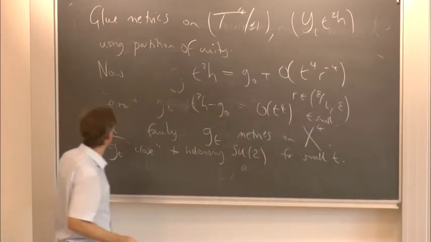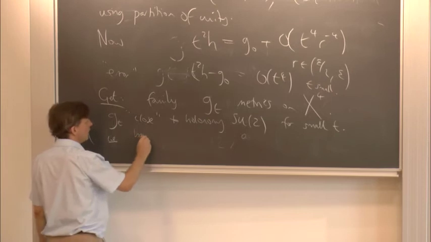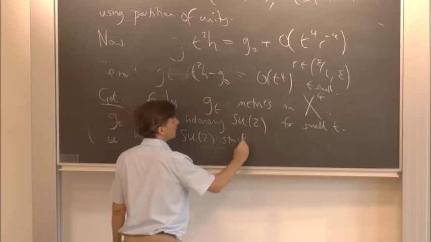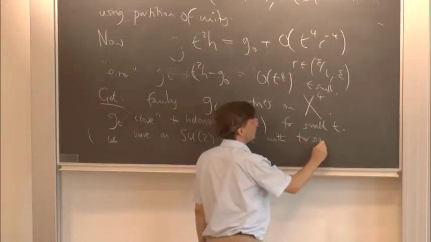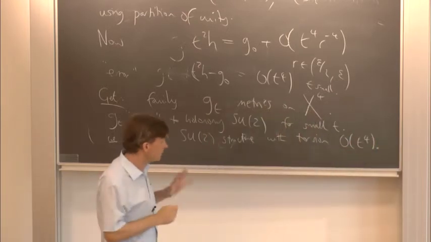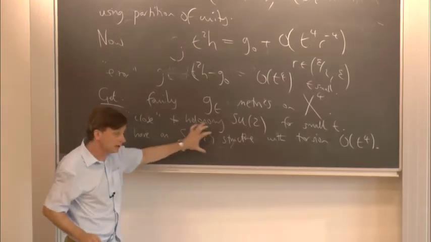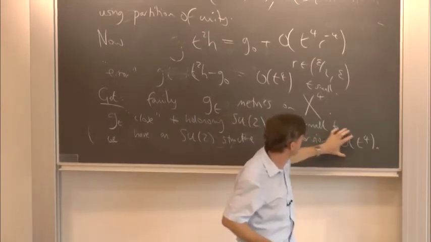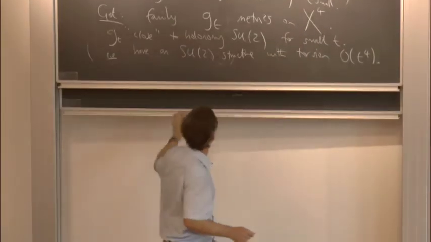To be more precise, you have an SU2 structure with torsion of size order of t to the fourth. Okay, so we have a metric which is not exactly holonomy SU2, but it's close to holonomy SU2, and we can measure the closeness to holonomy SU2 precisely. It's in some sense of size t to the 4 when measured in an appropriate Banach space.